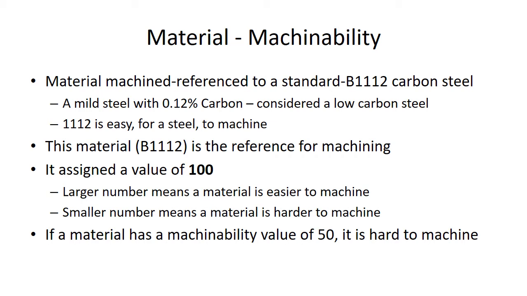So if a material has a machinability of 50, it's hard to machine. Now keep in mind that this scheme was put together by the American Iron and Steel Institute before aluminum was readily available as a machined product. They did have brasses and bronzes, but it's mainly designed to go around steel.